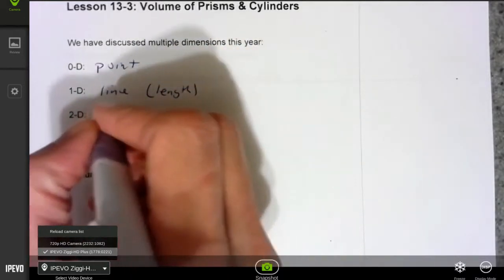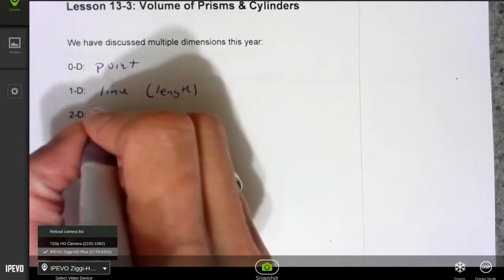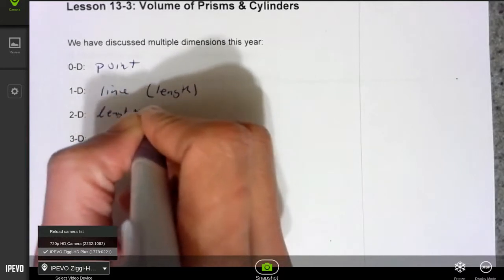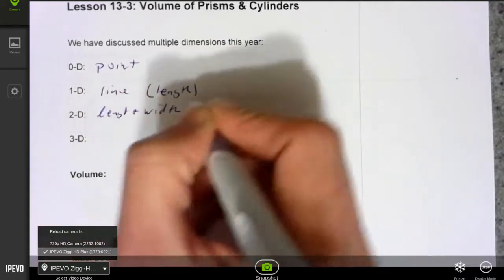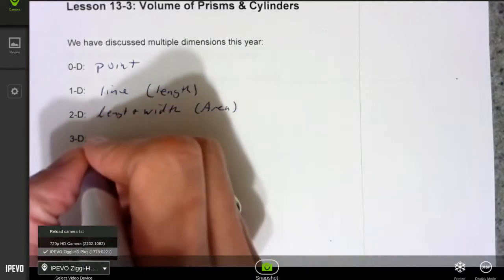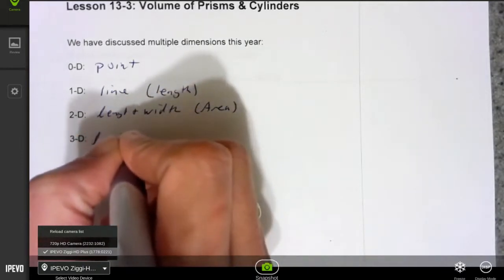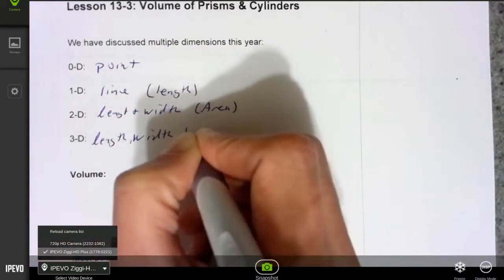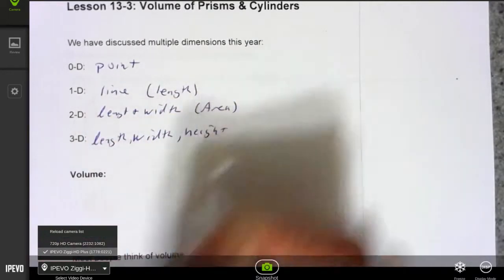We talked about 2 dimensions, which have length and width. And we talked about area. And now we're going to talk about 3 dimensions, which have length, width, and height.